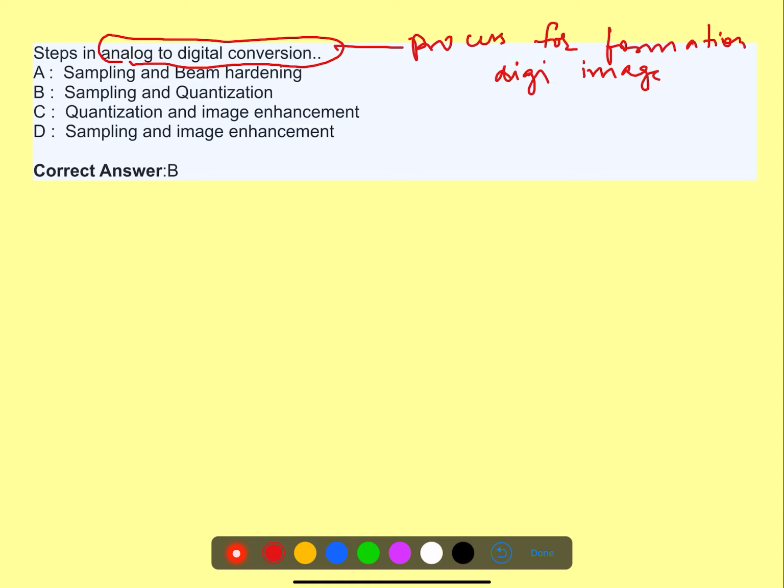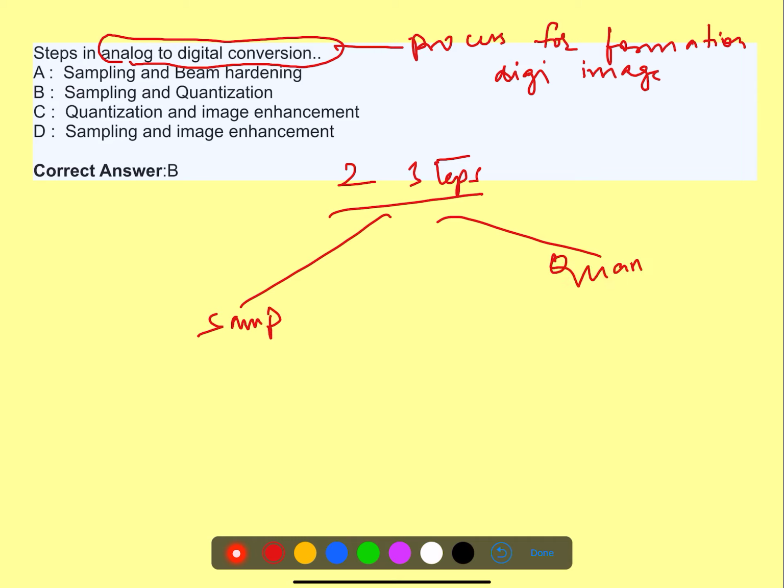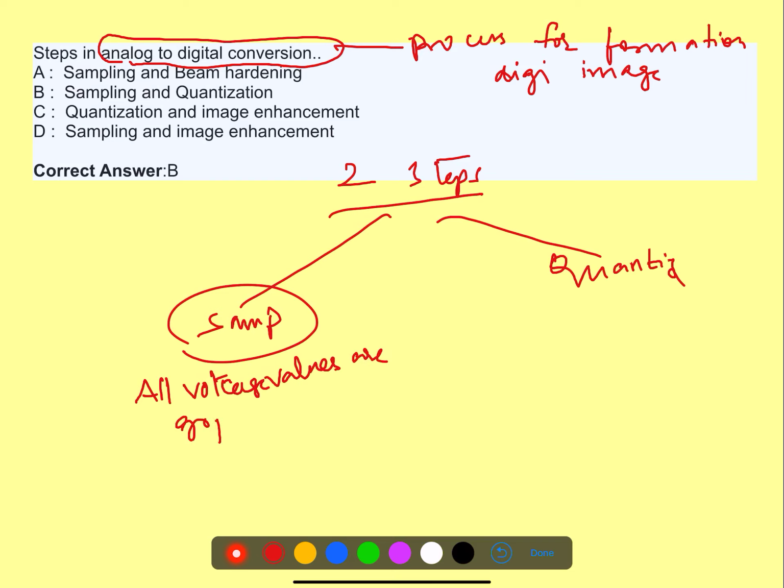It has two steps, that is sampling and quantization. Sampling is nothing but all the voltage values are grouped together. So it is sampling, I mean grouping.